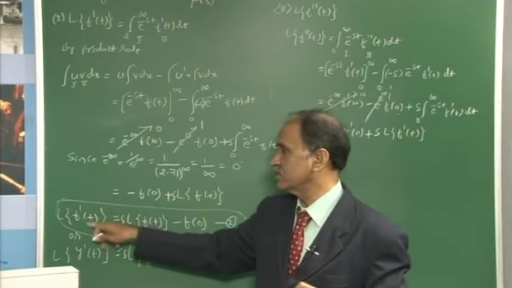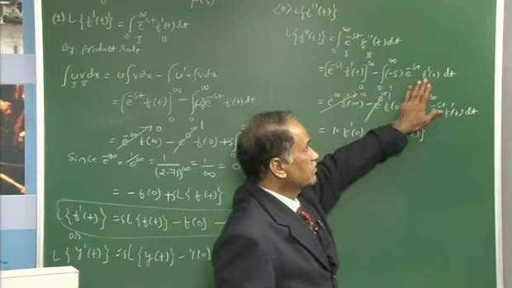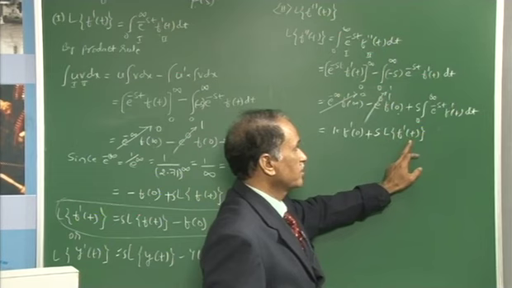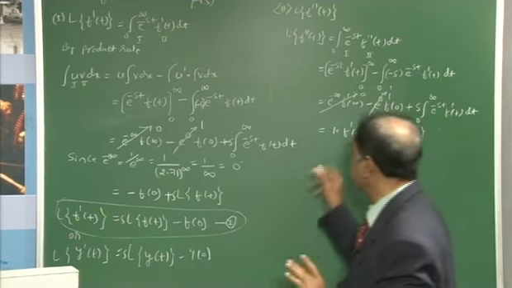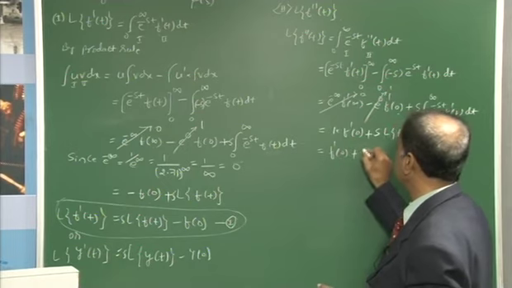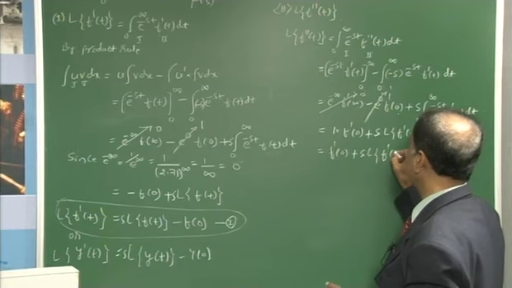The first order derivative is f dash of t. So when f dash of t occurs under the integral sign, I write it as L of f dash of t. Therefore, that is equal to f dash of 0 plus s into L of f dash of t.